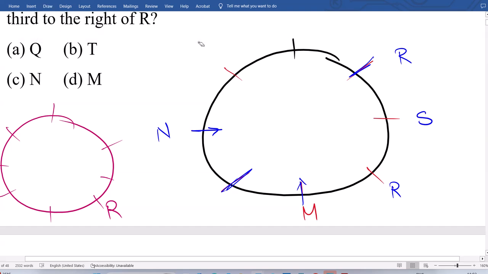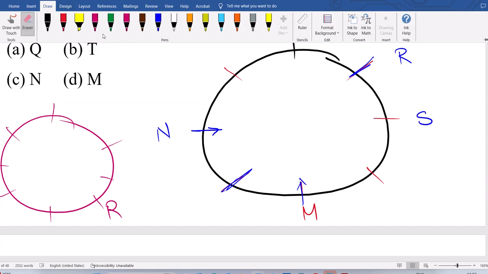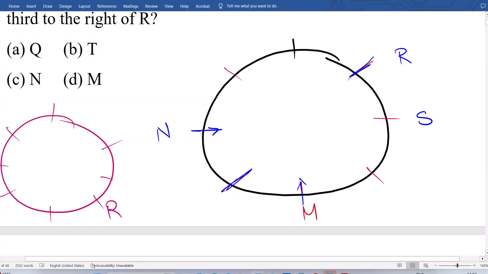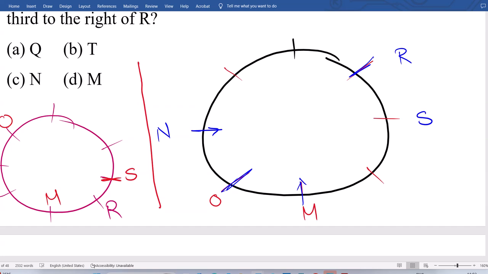R can be at two different places, so I draw R in one place in one diagram and in the other place in the other. N, R and O are opposite, M here, S here. Then O is second to the left of P, so P is here. I am drawing both arrangements so far. R can take two positions, left side and right side.